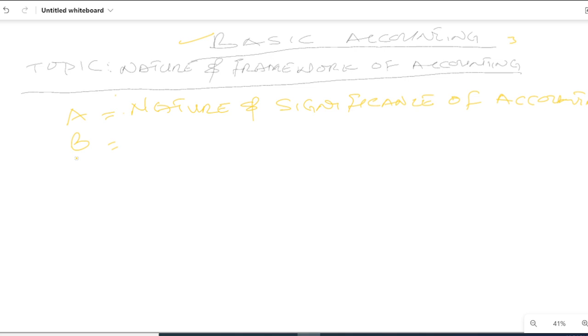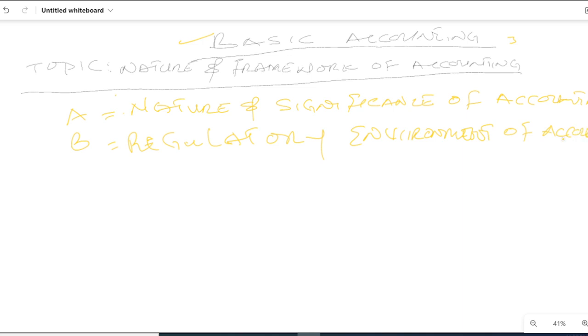Then part B of this topic is all about the regulatory environment of accounting.